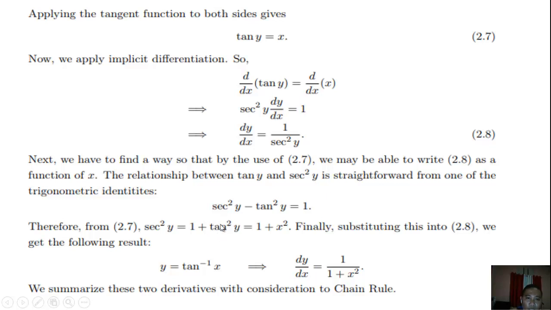But we know that tangent y equals x, therefore tangent squared y equals x squared. That means this is equivalent to 1 plus x squared. So that's why the derivative of arctan of x is 1 over 1 plus x squared.